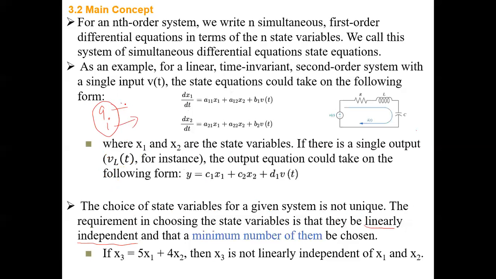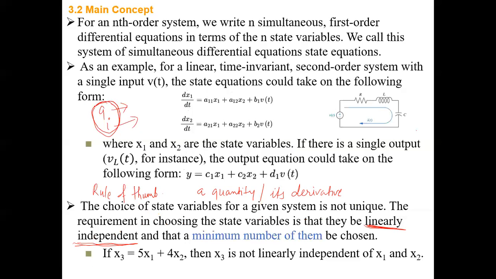How do you know? That's the question. There is a rule of thumb: a quantity and its derivative are linearly independent. That's the rule.